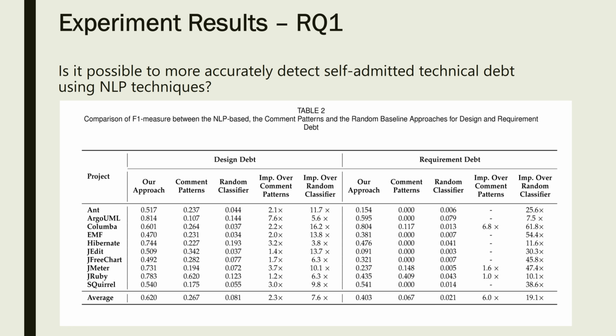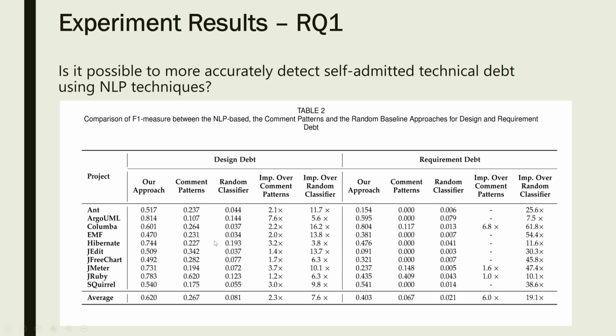Coming to the results for the research questions, the answer for the first research question is that the authors found that they could identify self-admitted technical debt accurately, and their approach outperforms the current state of the art.